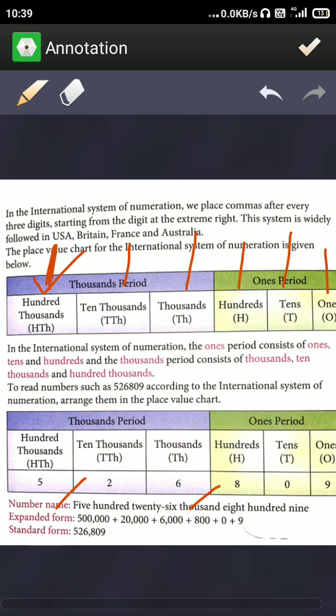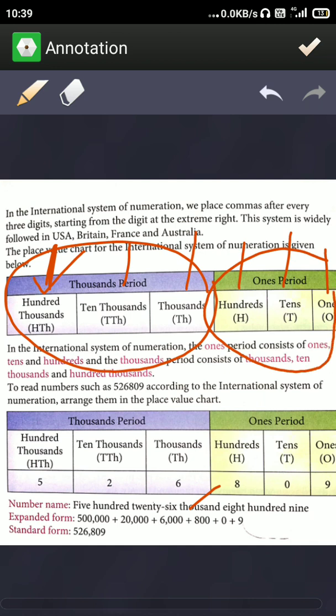Here we will not place a comma. Comma is placed after every three digits, and they are read together. These three digits are read together, and here these three places are read together.